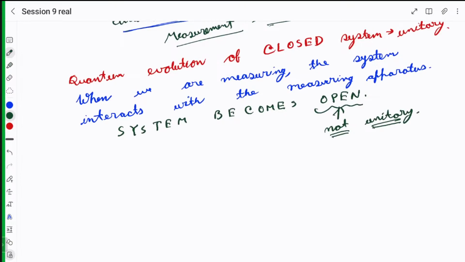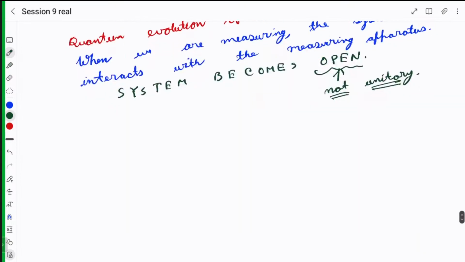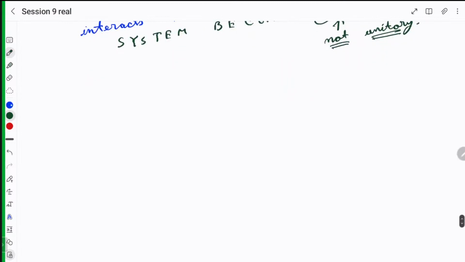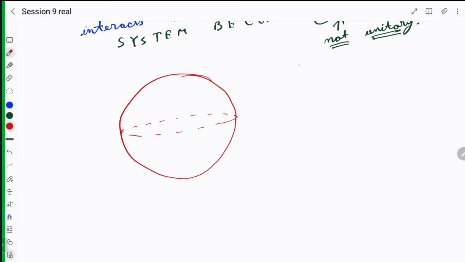If it is clear, then let's try to understand it in an even better way. Let's see what the projection operator, let's say the P0 operator, is doing on the Bloch sphere.